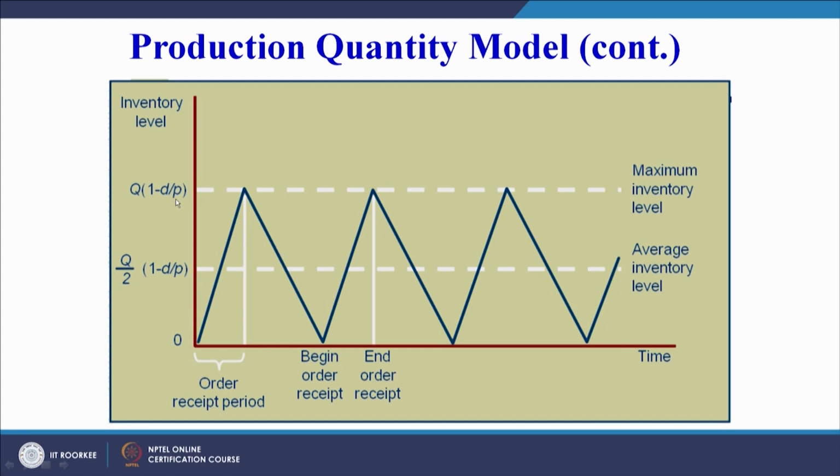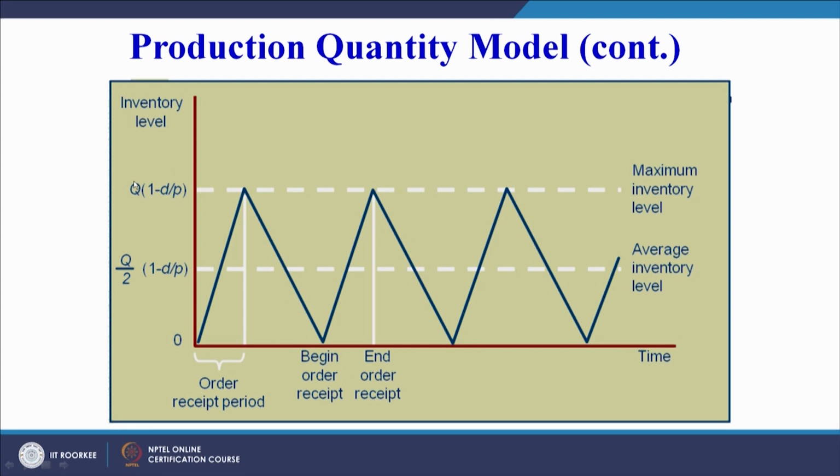In the economic order quantity case, D and P were not considered, and we took it as Q only. So we start from Q, go to the reorder point, we order, within a lead time we receive the material, and again our level rises to Q.